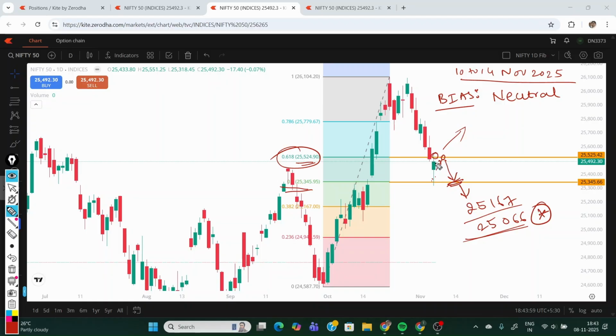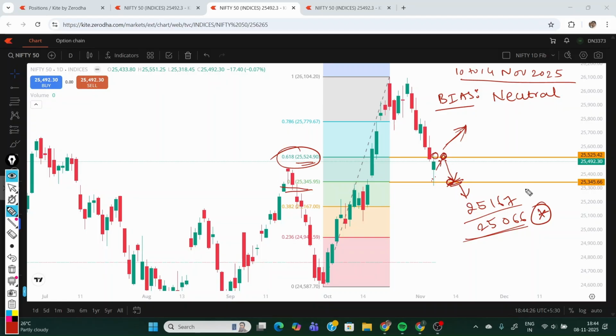Sometimes around these kind of moments, many of the best traders get trapped thinking that the momentum will continue on the downside. This can be a reversal also. The possibility is very much alive. So for the coming week, we have neutral, based on breach of and sustenance above these levels.